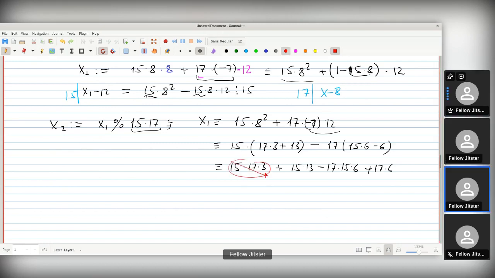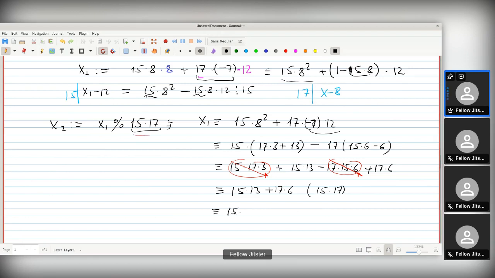Yes. But these terms are 0 modulo 15 multiplied by 17. So we have 15 multiplied by 13 plus 17 multiplied by 6 modulo 15 multiplied by 17. What can we do with this?